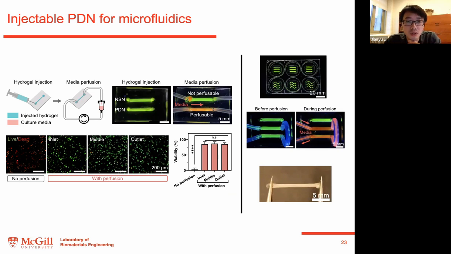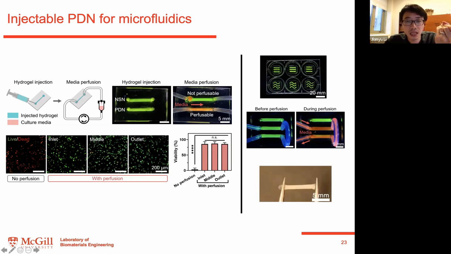Here we demonstrated it can be used in a microfluidic device. We can inject this hydrogel into those channels, and as compared to the nanoporous or non-porous hydrogel, which cannot be perfused, our porous hydrogel easily enables direct media perfusion.